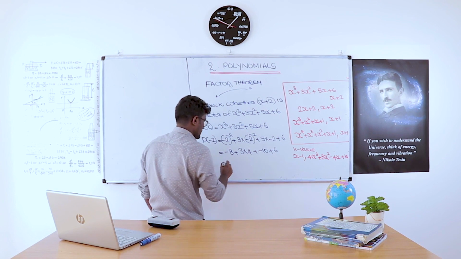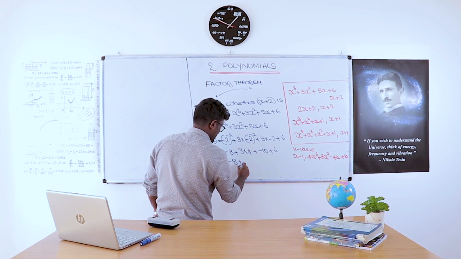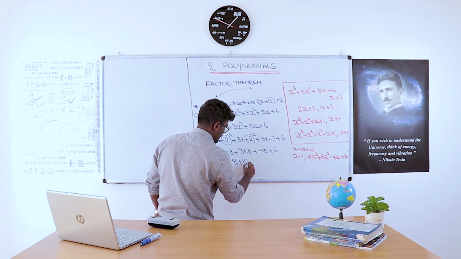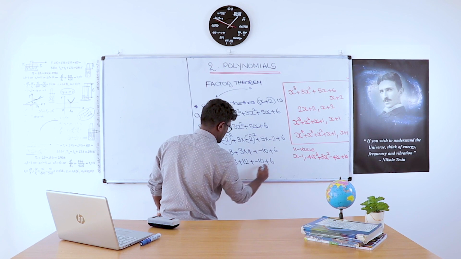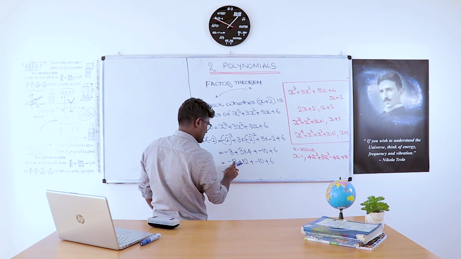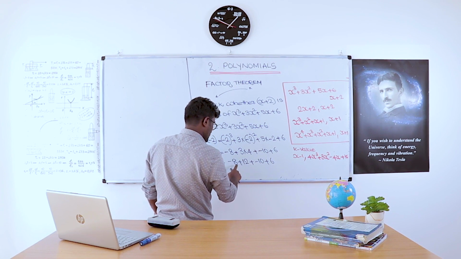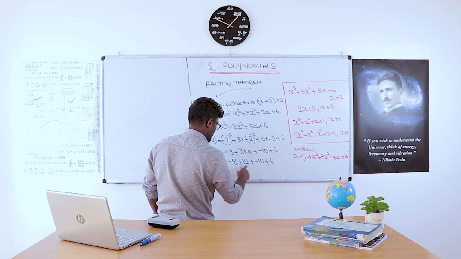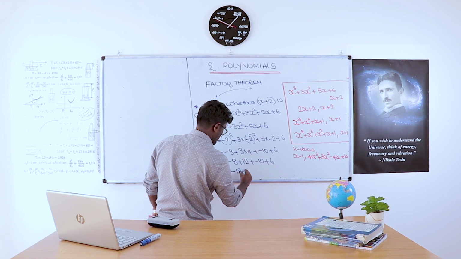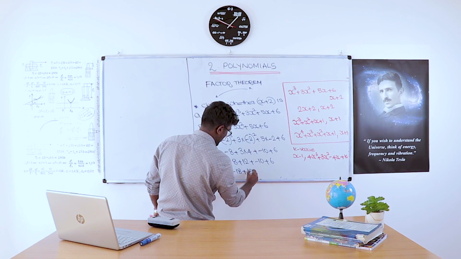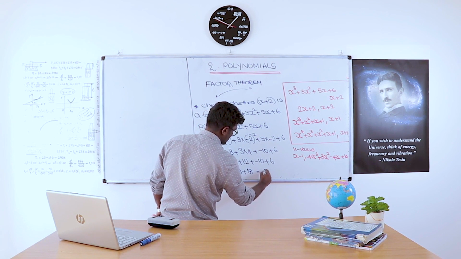So minus 8 plus 4 into 3 is 12, plus minus 10, plus 6. There are 2 negative terms and 2 positive terms. Minus 8 plus minus 10 is minus 18, plus 12 plus 6 is 18. Minus 18 plus 18 is equal to 0.